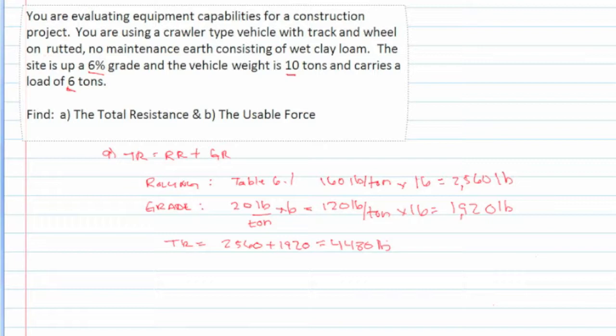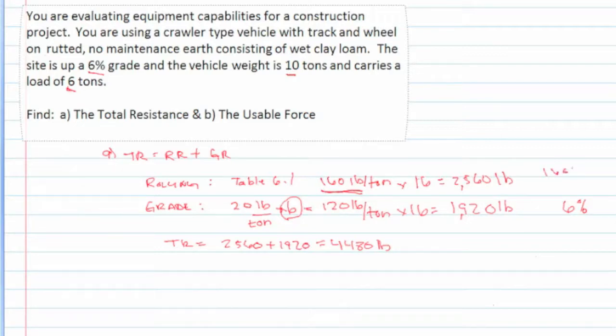4480 pounds. Alright, one other thing we'll do real quick is if we wanted to do an equivalent grade for both of these. Really the only one that you have to do, this one already you know is 6%. So if we want to find an equivalent grade right here for the rolling resistance, you can do that. Just remember that same equation we used with 20 pounds per ton. So we got right here 160 was our number.